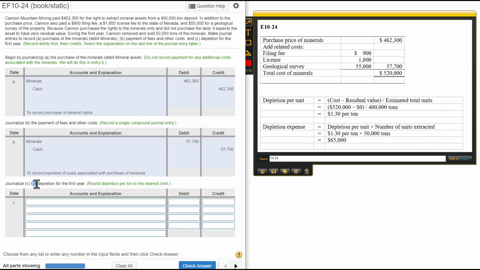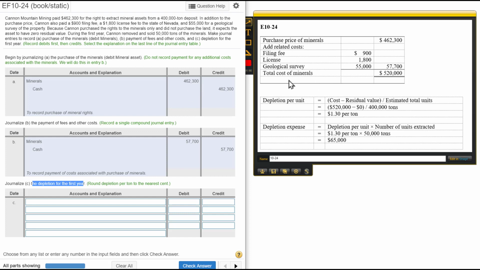Okay, now we're going to record the depletion for the first year. So depletion is pretty much the same as depreciation, but depletion is used for a natural resource like this mineral that we have. Because this mineral asset will not last forever, we have to deplete it, which means slowly lower the value of it, just like we do with depreciation.